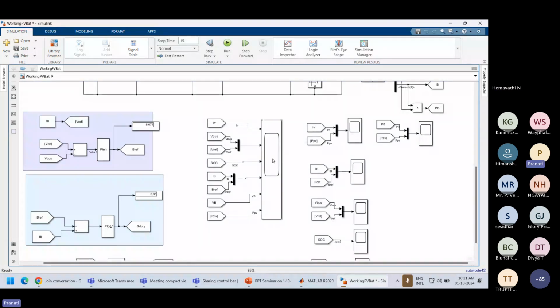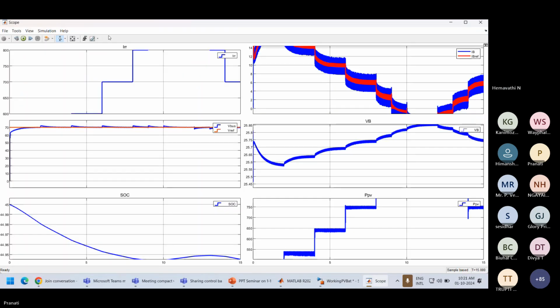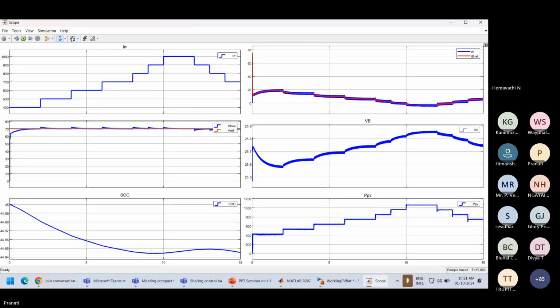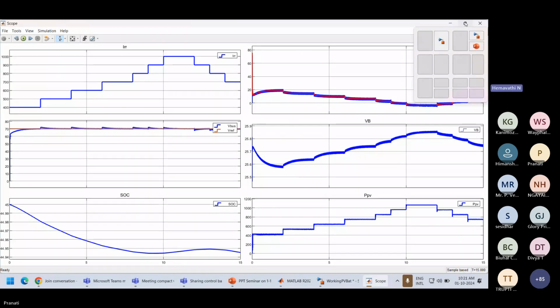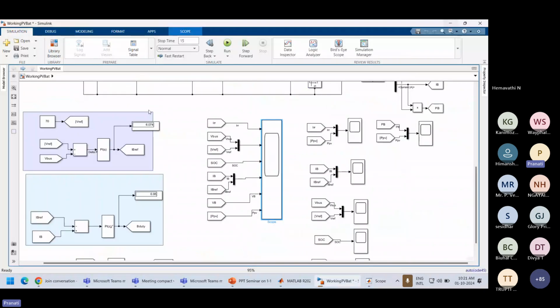And then you see, initially we had taken 400, then 500. We have seen this one 400, then 500, 600, 700, and reaches 1000 watt per meter square.